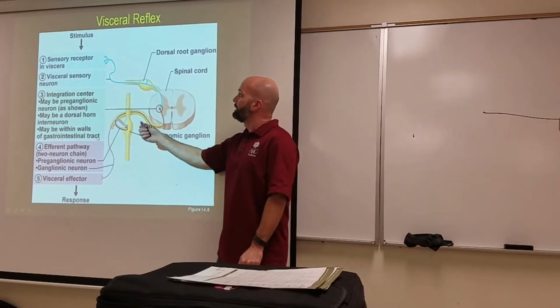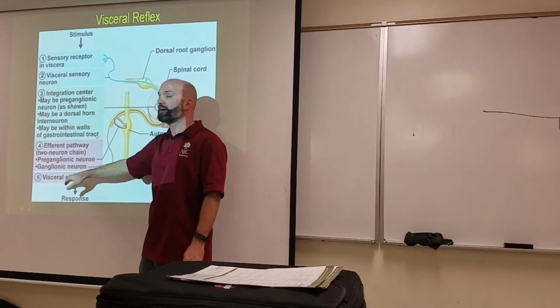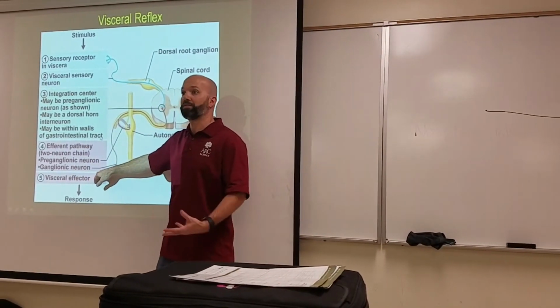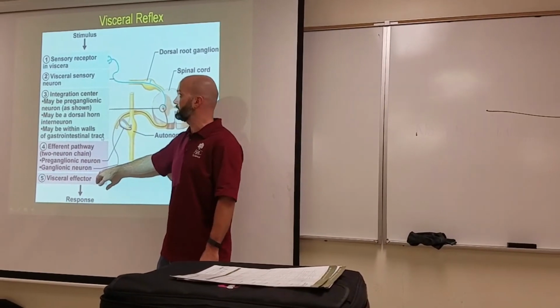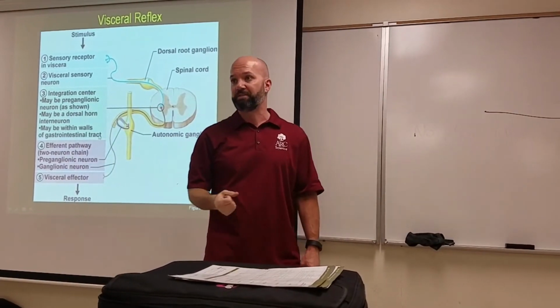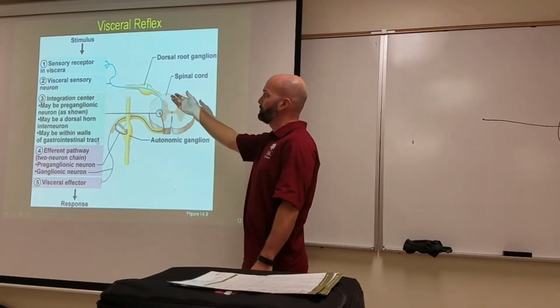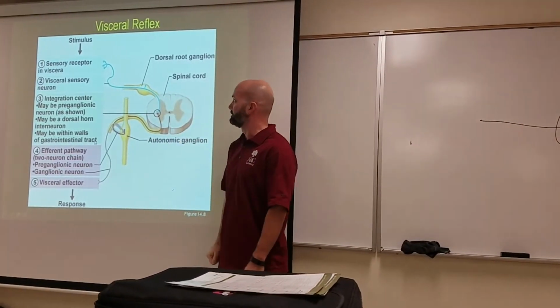Another difference, typically for a visceral reflex, not only is the effector organ something other than skeletal muscle, a visceral effector, the sensory information coming in is typically from the viscera as well. So what type of receptor is responsible for providing input?